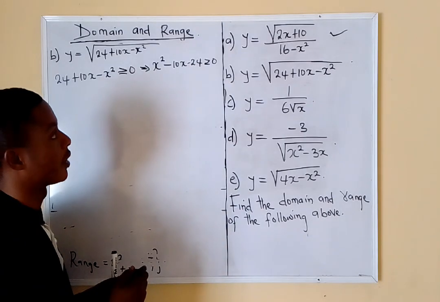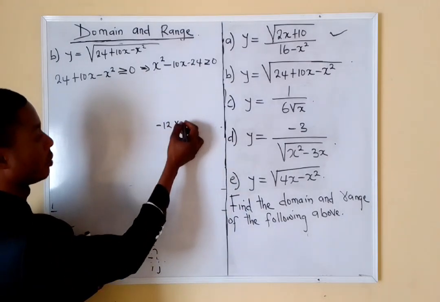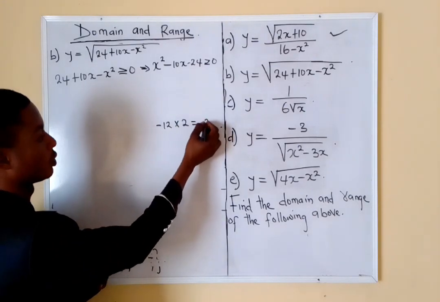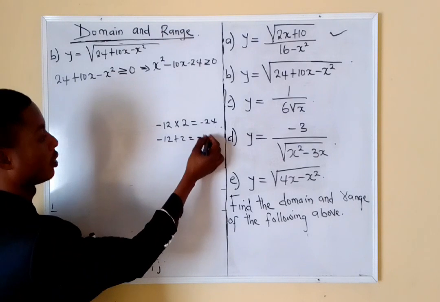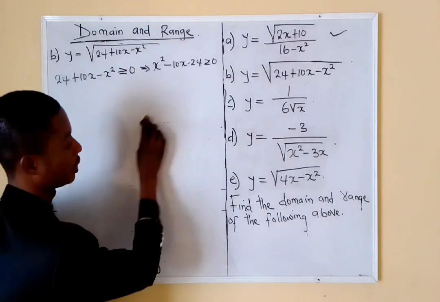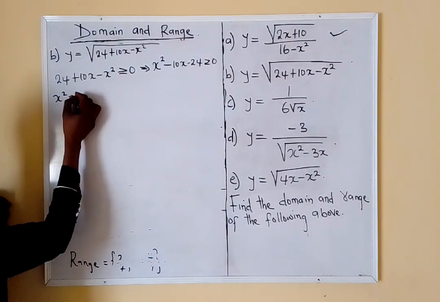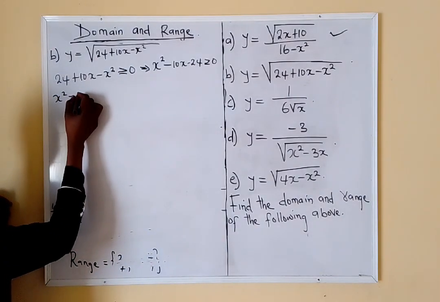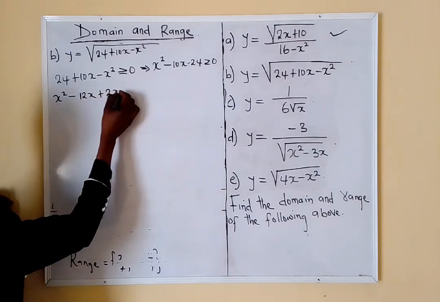So let's solve for them. It's going to be x squared minus 12x plus 2x minus 24 greater than or equal to 0. So we factor out what is common here and what is common here. That means we're going to have x into x minus 12, that's for this and this.